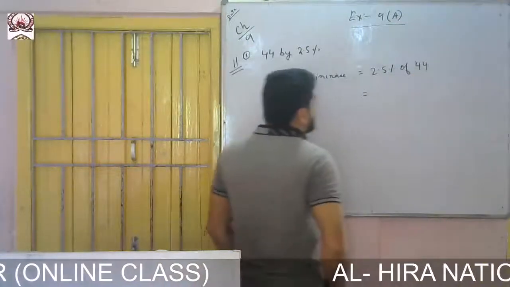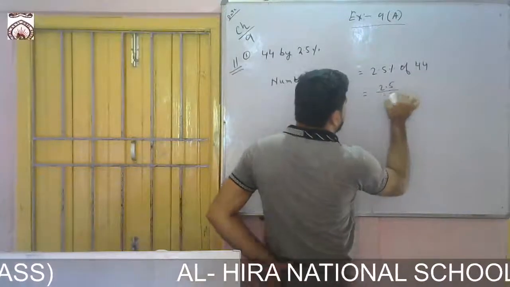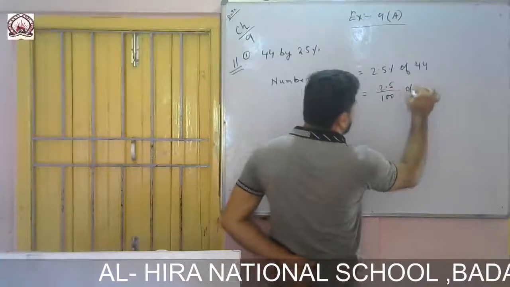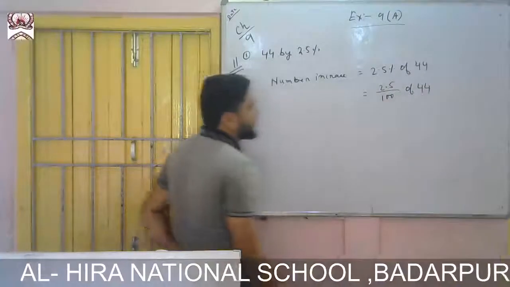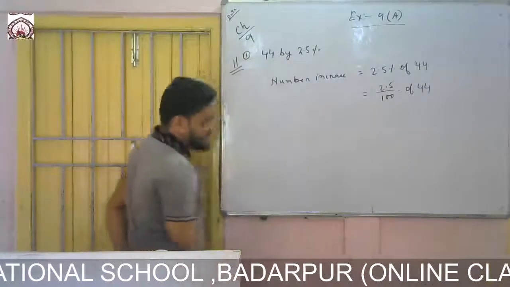How can we do this one? 2.5 by 100 into 44. Now we can solve.